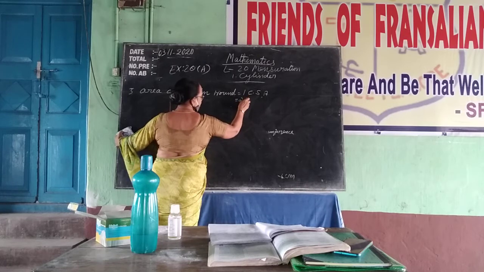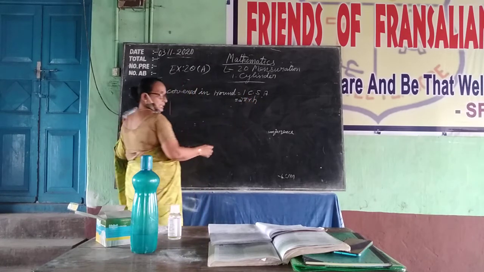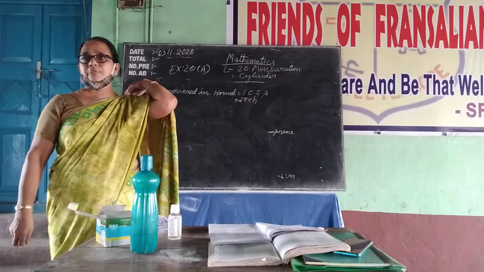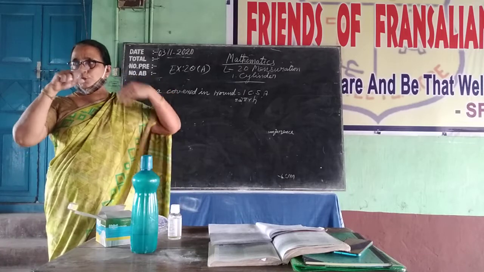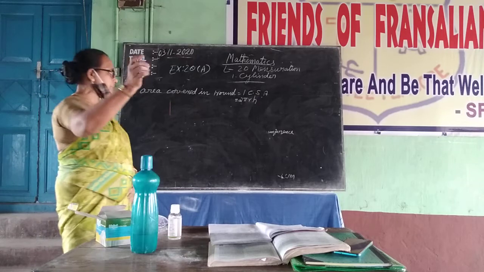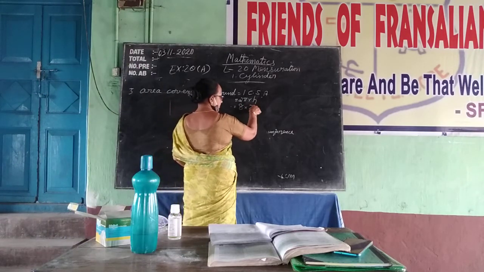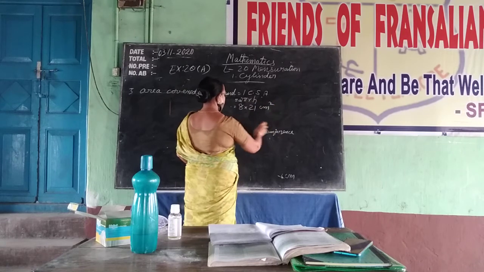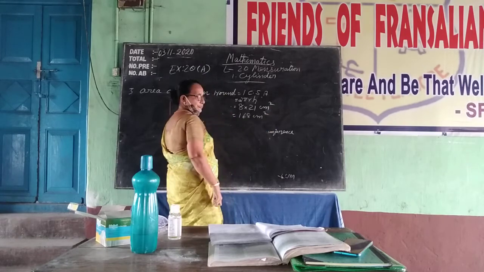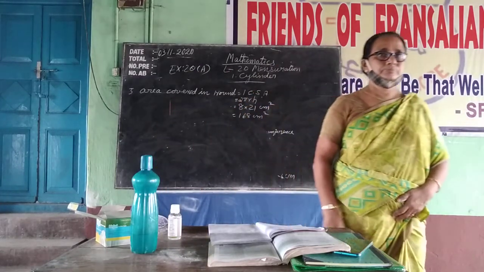And the formula is 2 pi r into h. Here 2 pi r is only the circumference. R is not given separately, but circumference is given, which is the same as 2 pi r. So in place of 2 pi r we can write down 8, and the height of the cylinder, which is 21, so it equals 8 into 21, which is 168 centimeter square.